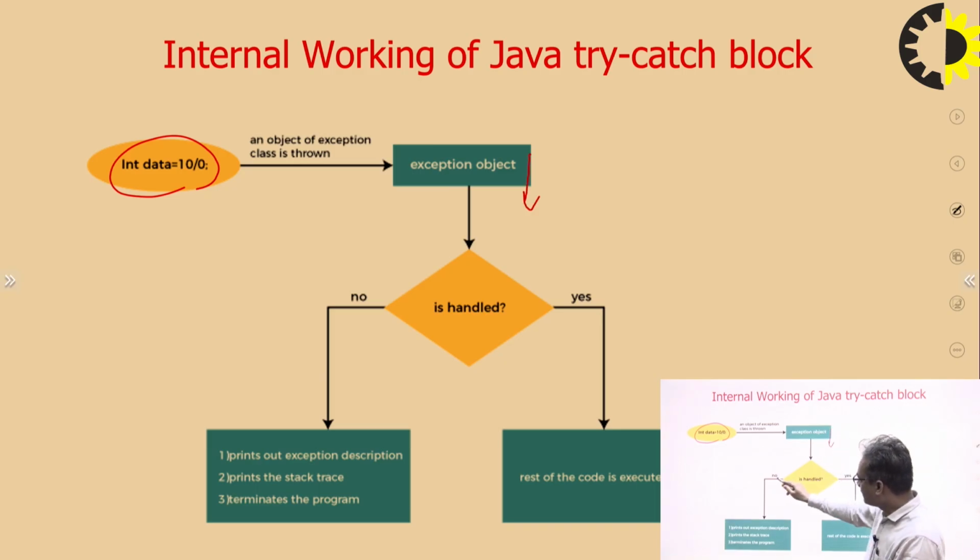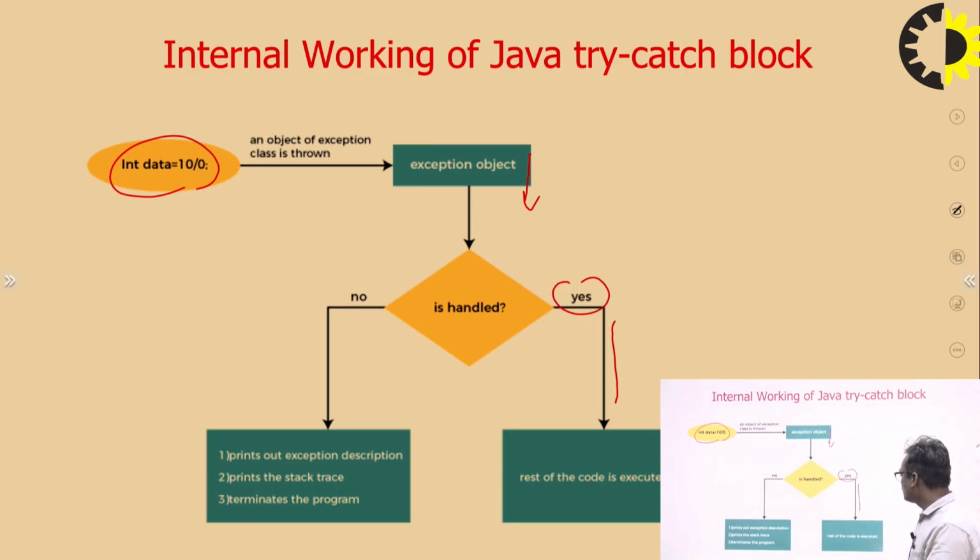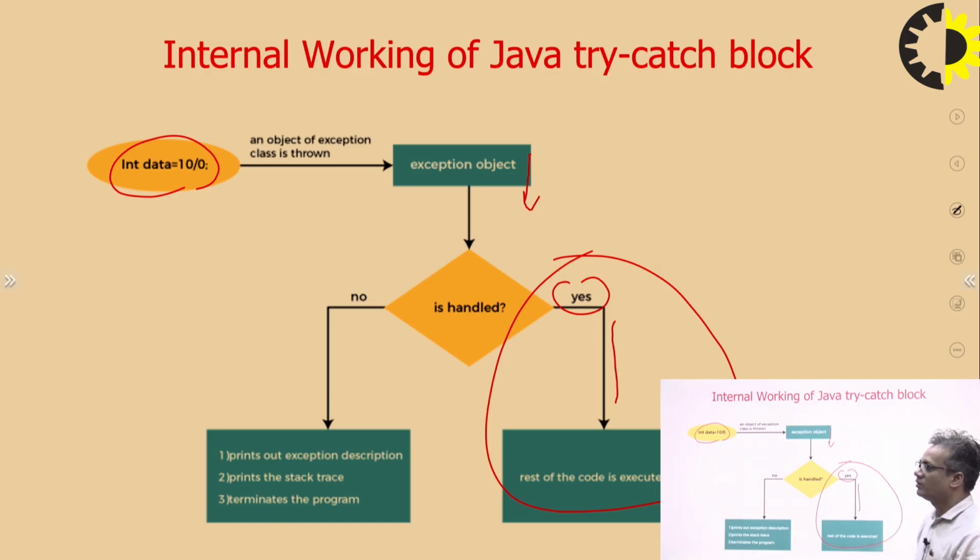If it is not handled, it will print the exception description, print the stack trace, and terminate the program abnormally. But if you handle the exception, the rest of the code will be executed normally. So this is the benefit of exception handling. If you handle it, your next code will run easily.